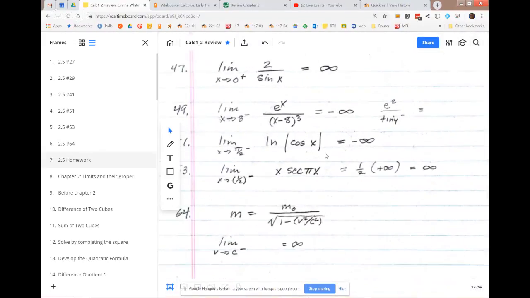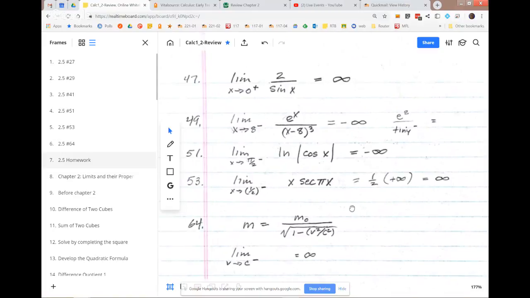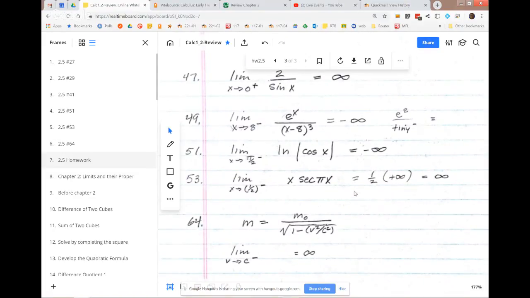The limit of e to the x over (x minus 8) cubed as x approaches 8 from the left. On the top, you're going to have e to the 8th. On the bottom, as x approaches 8 from the left, that means something like 7.9-ish.